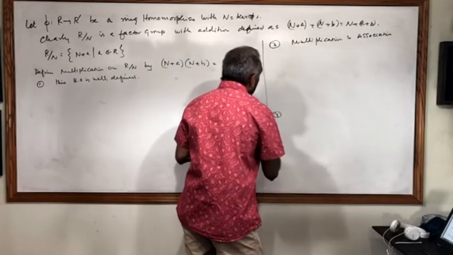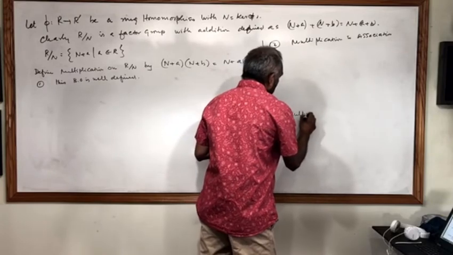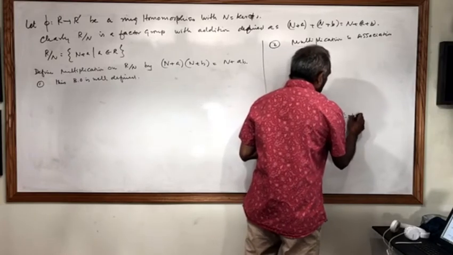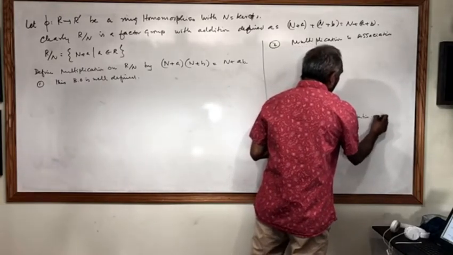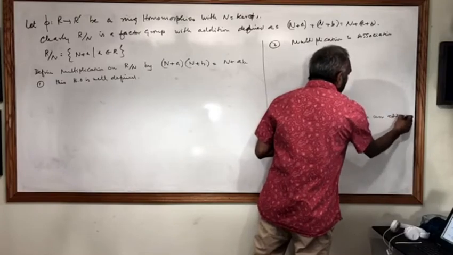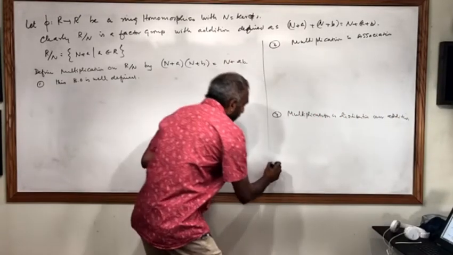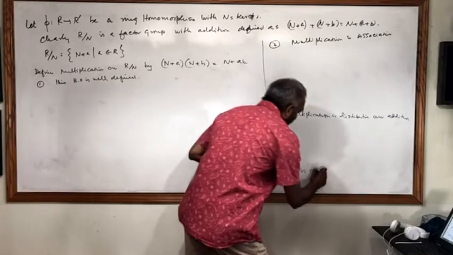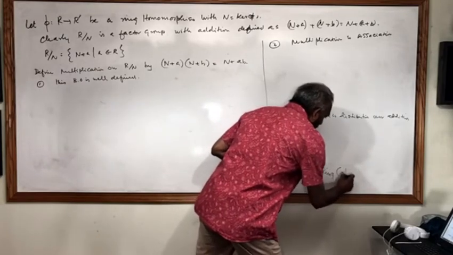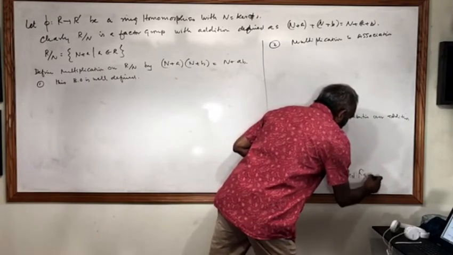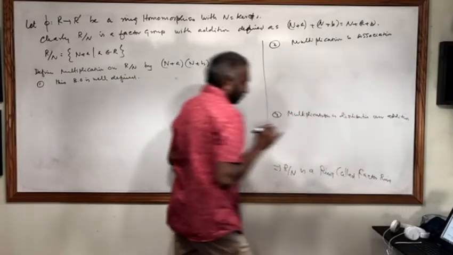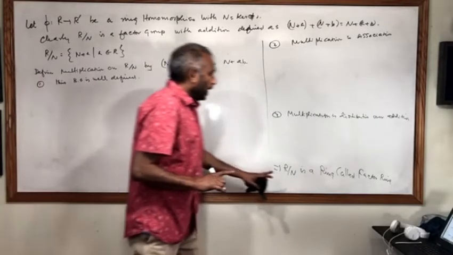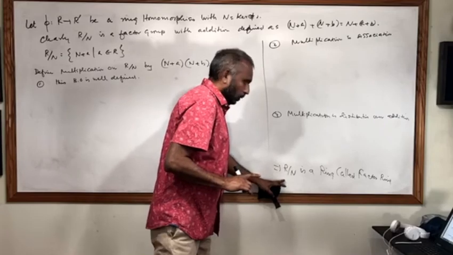Then we need to prove that multiplication is distributive over addition. And that implies R by N is a ring called a factor ring. That is the first factor ring we are going to build.